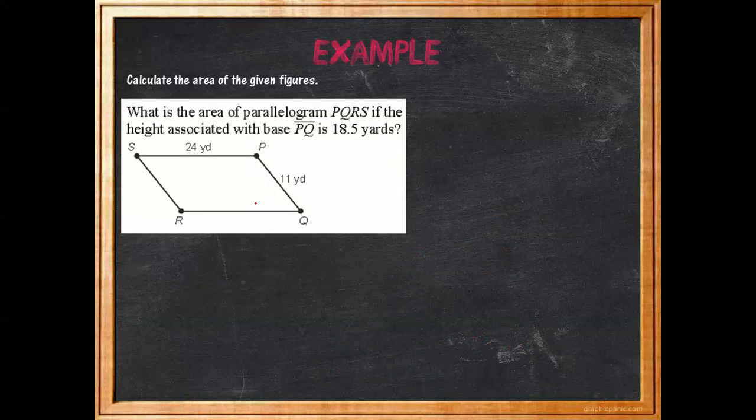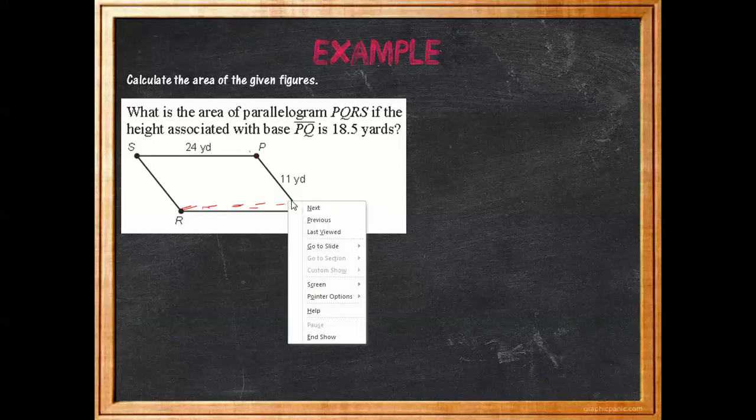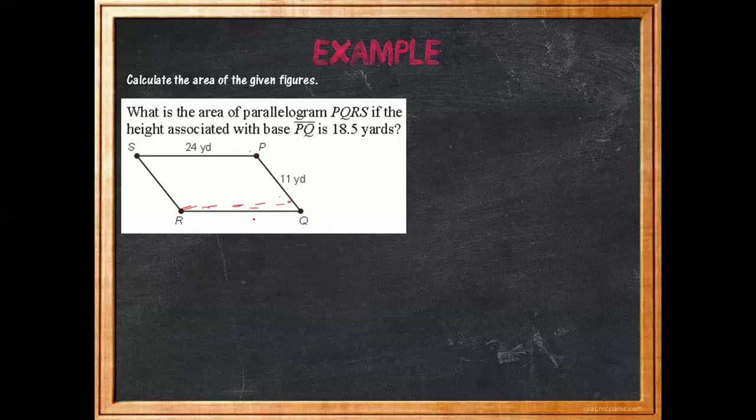What is the area of parallelogram PQRS if the height associated with base PQ is 18.5 yards? Since we're talking about PQ, that means we're talking about this height right there.